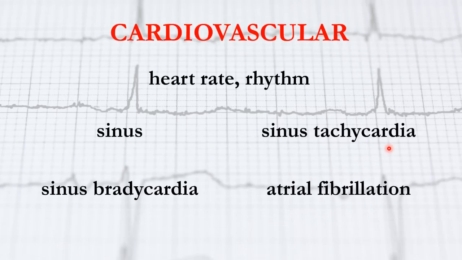Maybe the potassium's not in range, maybe the magnesium is quite low. So if you note some rhythm changes which are quite unusual in your patient in critical care, might as well have a look at the electrolytes.